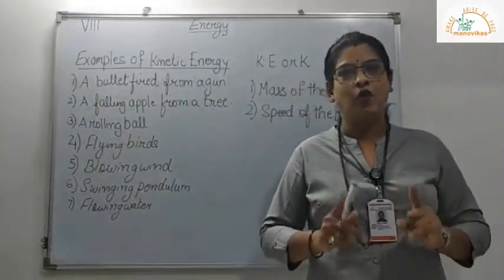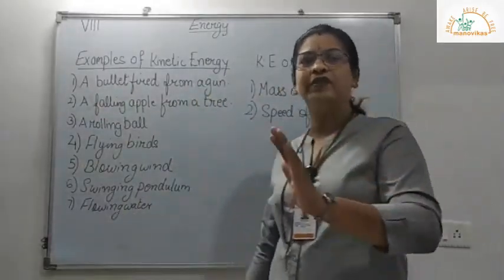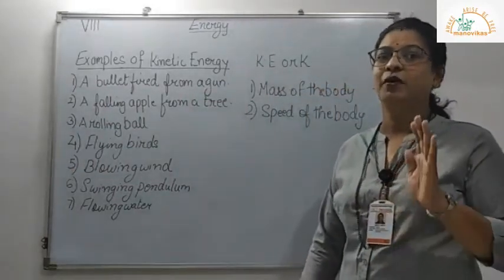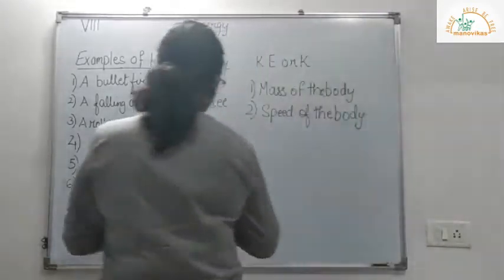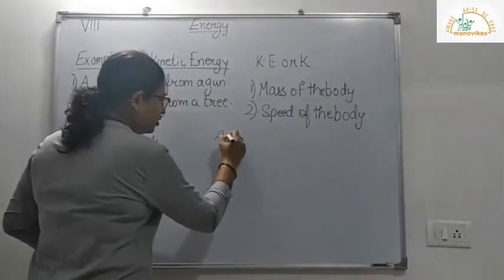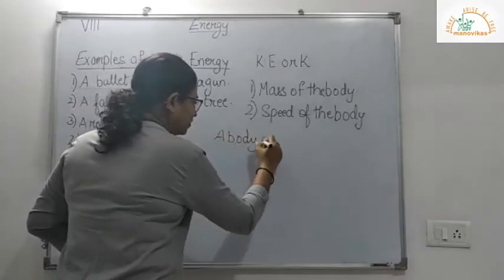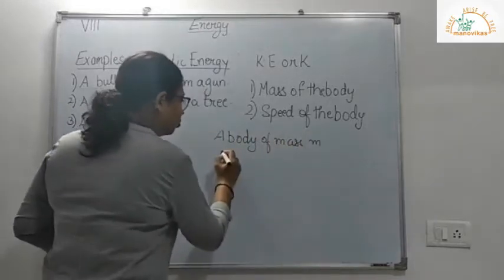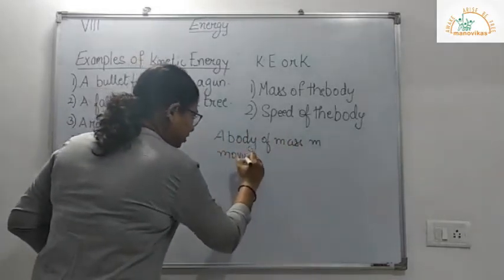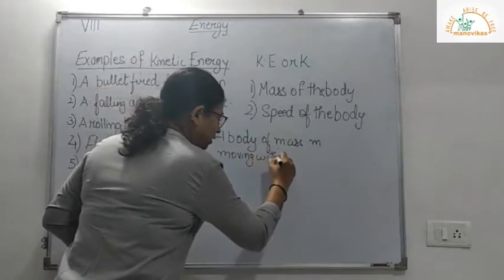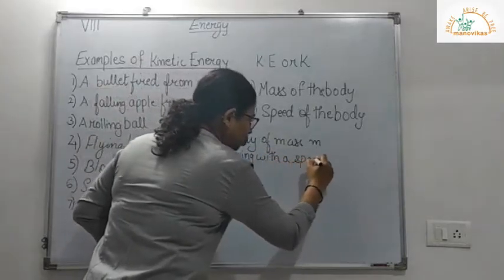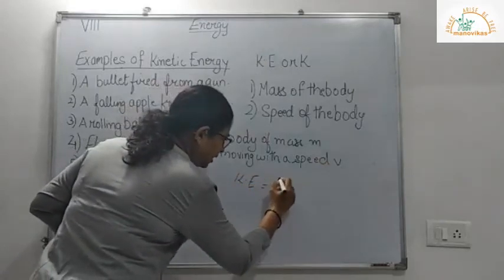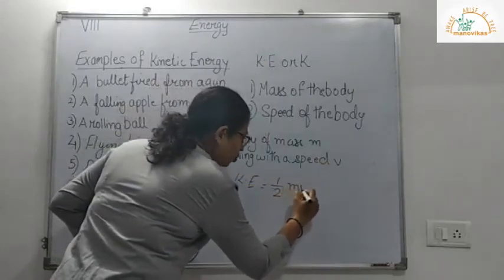Now, moving on to the equation for kinetic energy. Suppose we consider a body of mass m, moving with a speed v, then kinetic energy is given by half mv square.